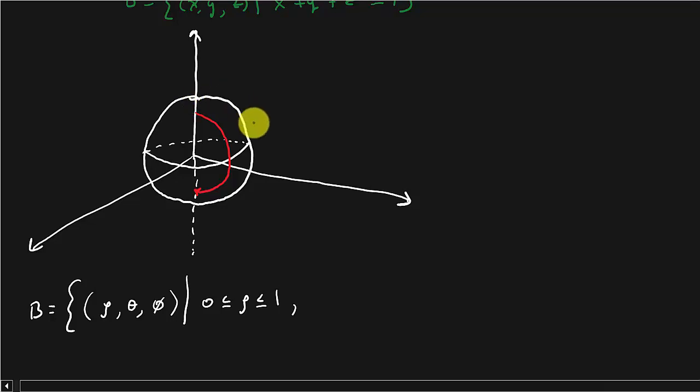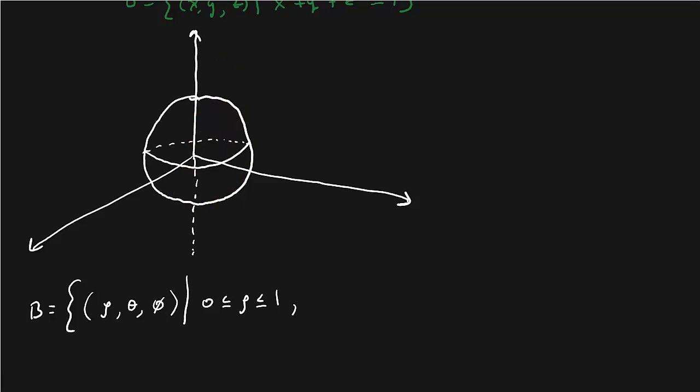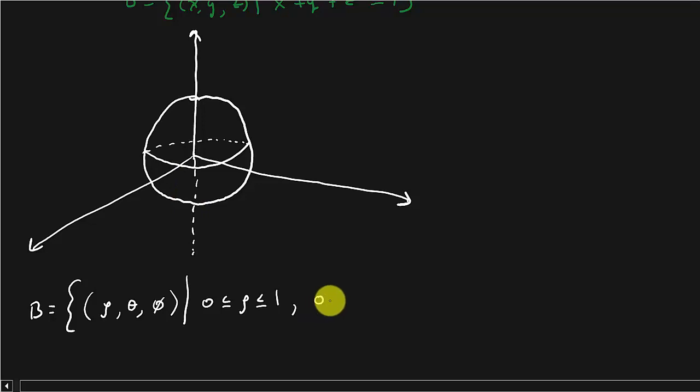We're not going to rotate phi all the way around and then rotate it again, which is hard to draw, around the z-axis. So phi is just going from 0 to pi, and you can see that's the case right here. So we've got 0 less than or equal to phi less than or equal to pi.